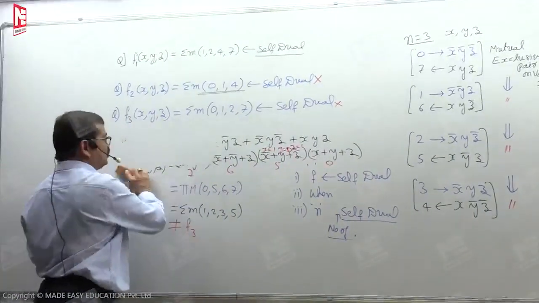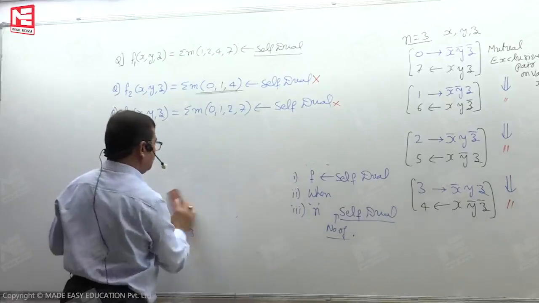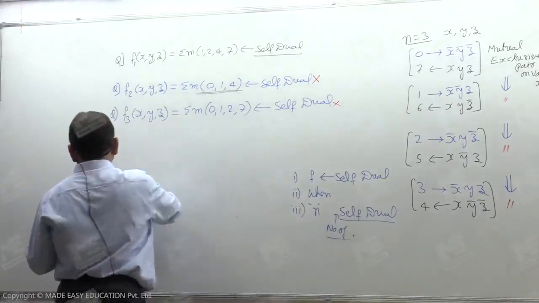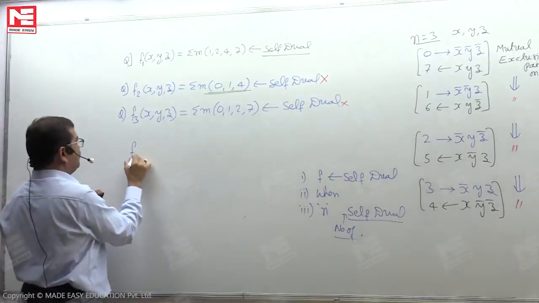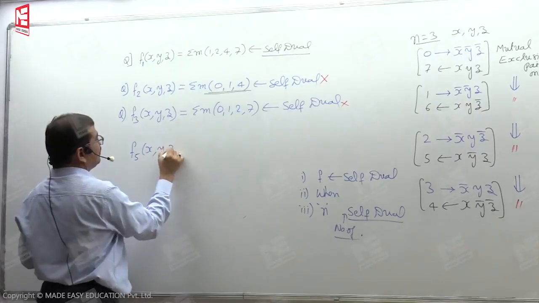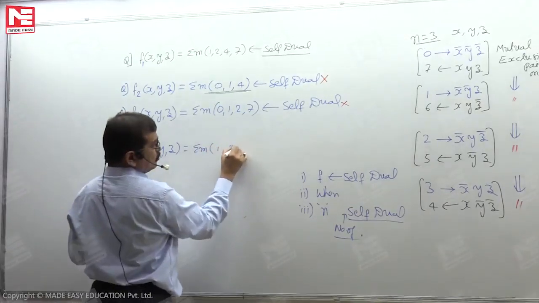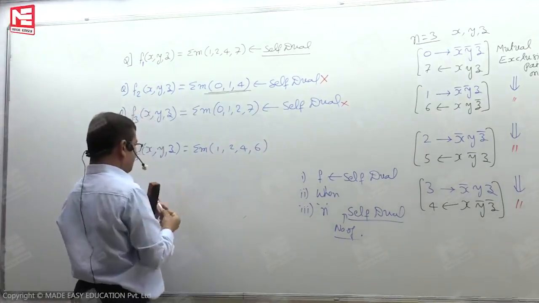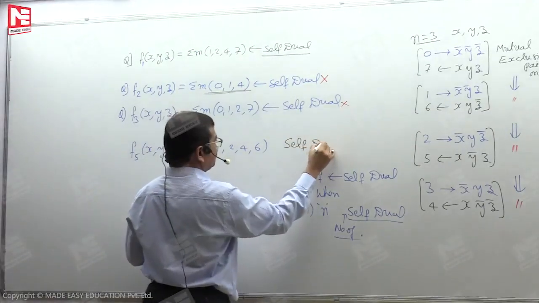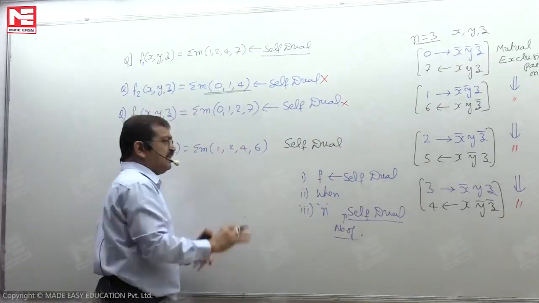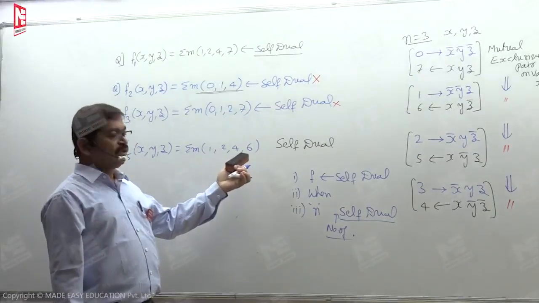Based on this, suppose we take another function, f5, with the minterms 1, 2, 4 and 6. Is it a self-real function or not? The first condition is satisfied. It is a neutral function. The number of minterms is equal to the number of maxterms, or half of the total number of combinations.